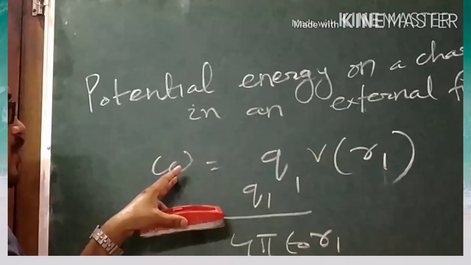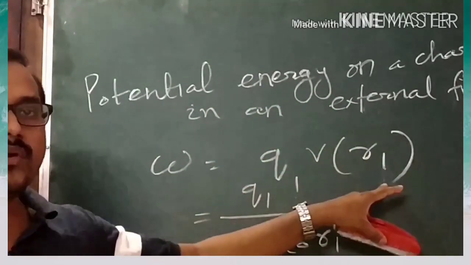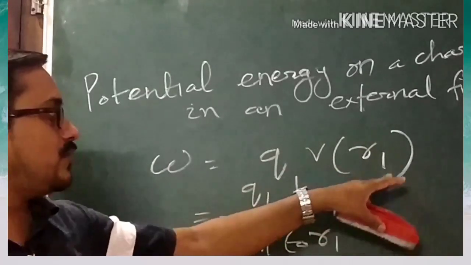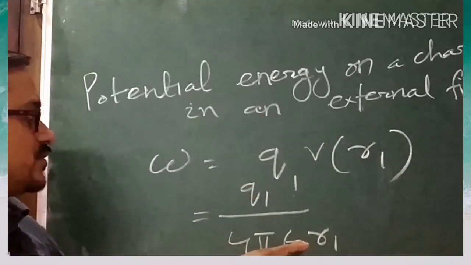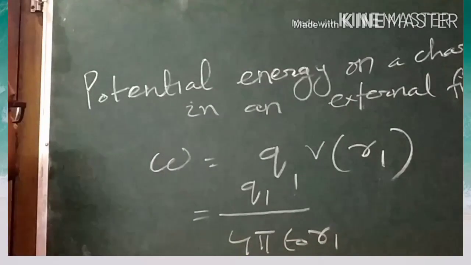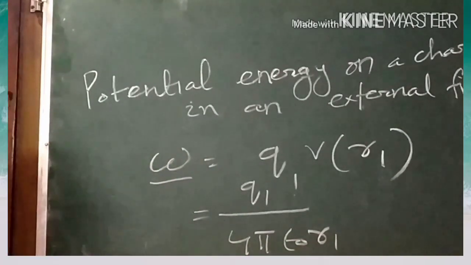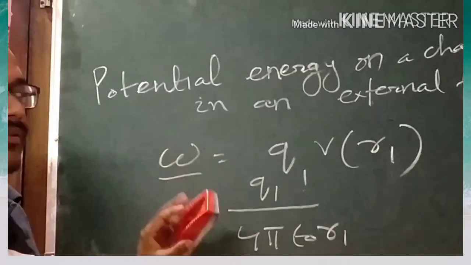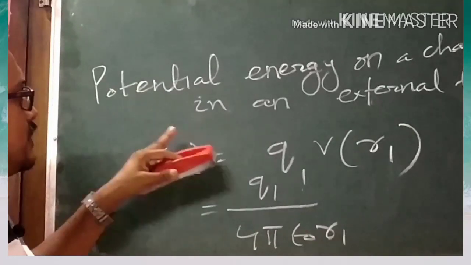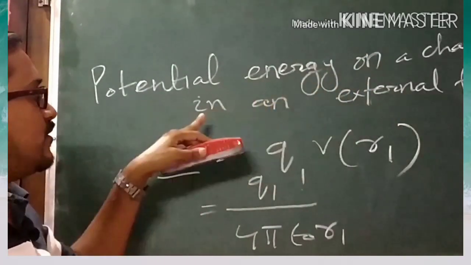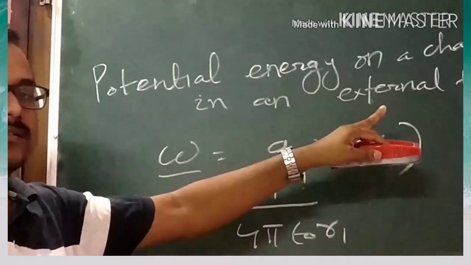So W will be equal to Q1 into V(R1), which is Q1 by 4 pi epsilon 0 R1, and this work is converted into potential energy. This is for a single charge.